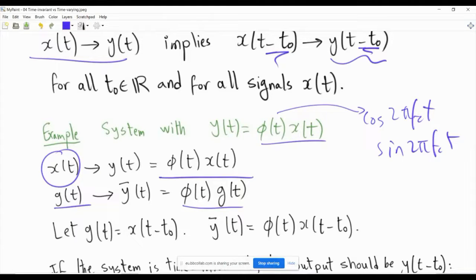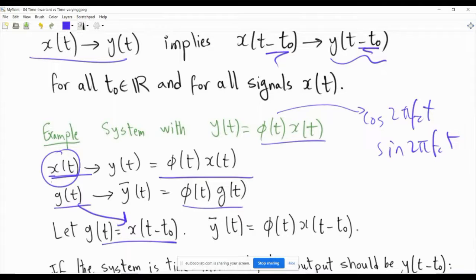Now, to test time invariance, let this other input be the shifted version of the first input. So let g of t be x of t minus t0. If the system is time invariant, it must be the case that in response to x of t minus t0, the output is y of t minus t0, and this is regardless of x of t and regardless of the value of t0.